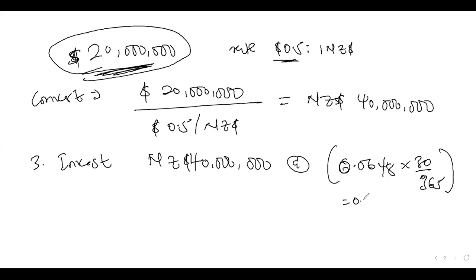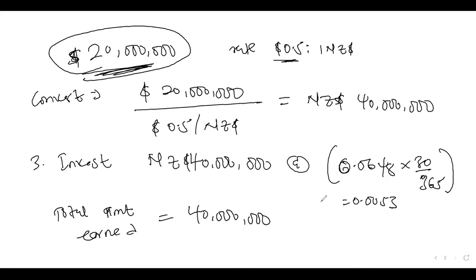So it means that the total amount earned after your investment will be the 40 million into bracket 1 plus 0.0053. If you don't understand this, just find 0.0053 of 40 million and add back, okay? But what I've written is a shortcut.